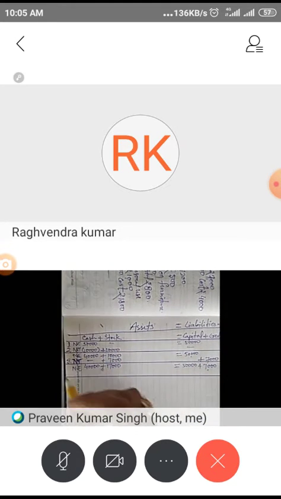So the fourth transaction is saying sold goods for cash rupees 5,000 and cost is rupees 4,000. I again repeat, our new transaction is saying sold goods for cash rupees 5,000 and cost is rupees 4,000.